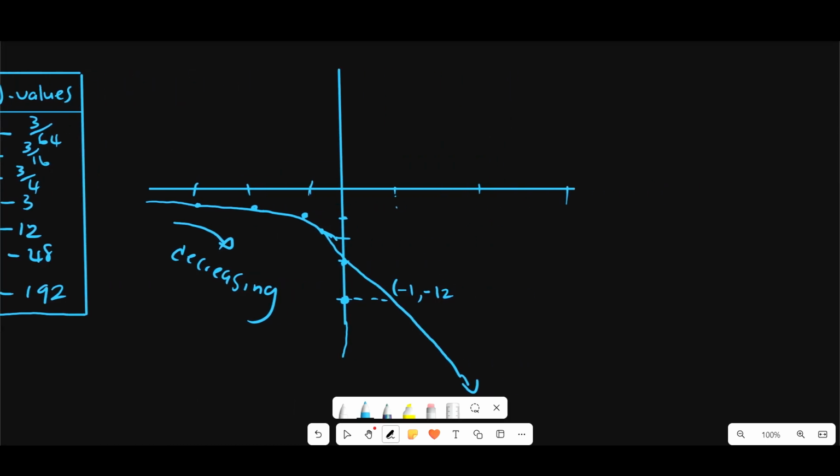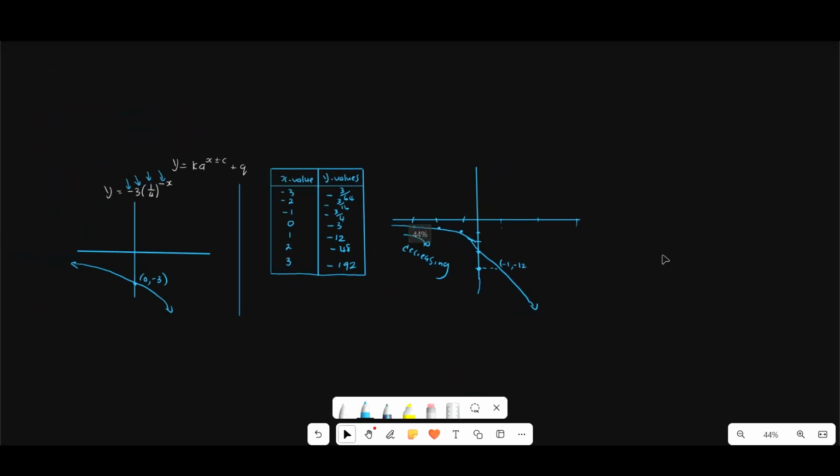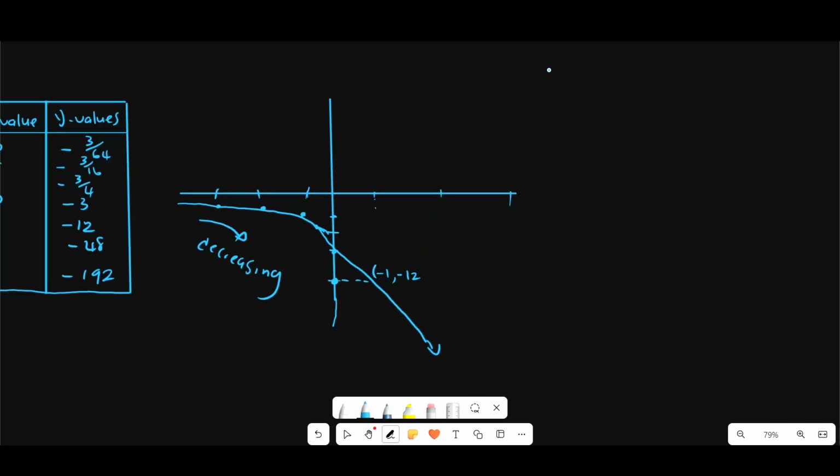And yes, they ask you what's the range of this graph here. So the range is basically y less than 0, because remember, the range is basically the numbers that are included on the graph. So all these numbers above the x-axis are not included.